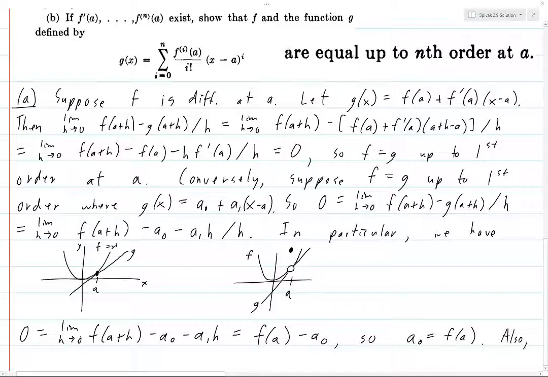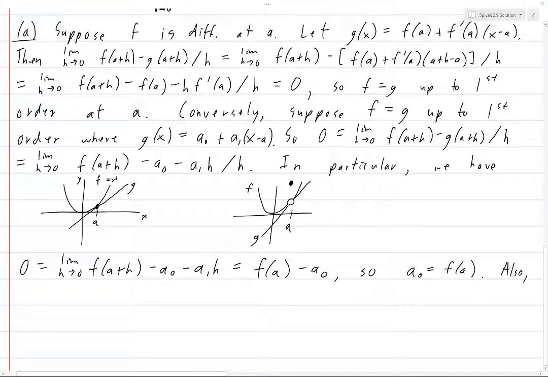Also, if we plug that into the original limit, we have 0 equals the limit as h goes to 0 of f of a plus h minus f of a minus a1h over h.